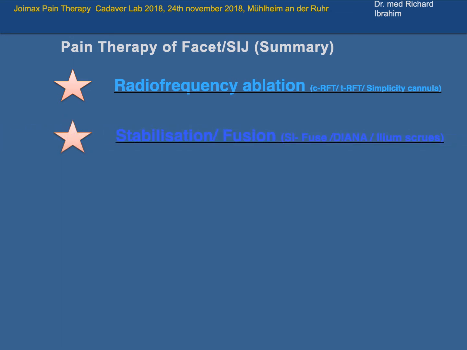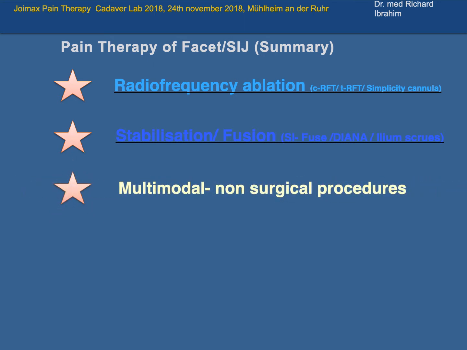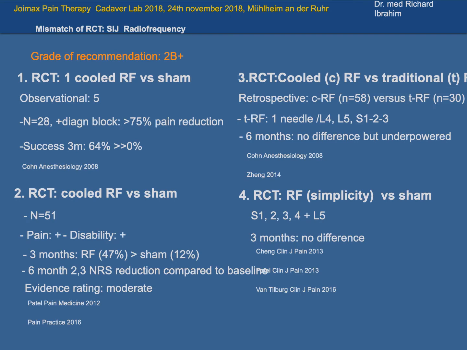We have this stabilization for hypomobility in patients after an accident or after injuries of the SI joint. You have, of course, the non-surgical part, multimodal, with specific braces, for example, physical and manual therapy, chiropractic procedures. And you have, at the end, the endoscopic facet joint treatment, which I will show you in detail now.